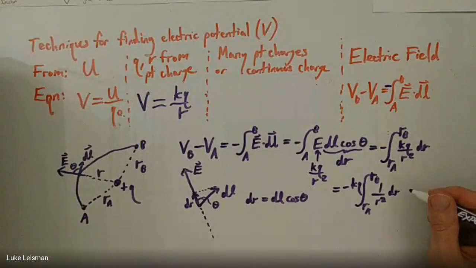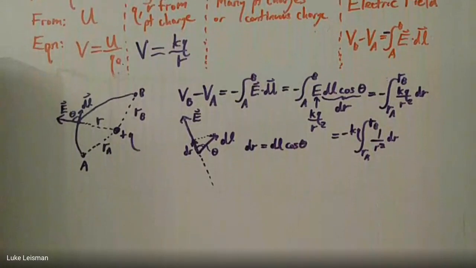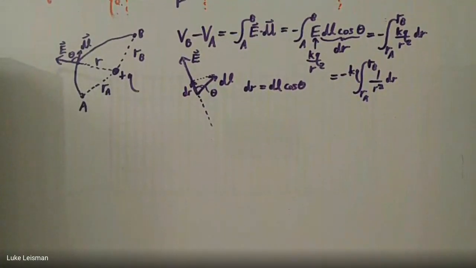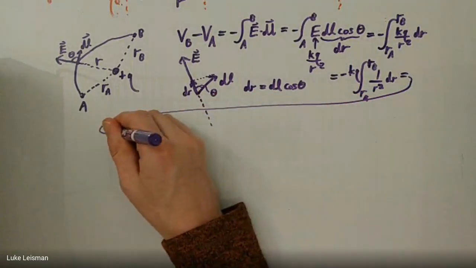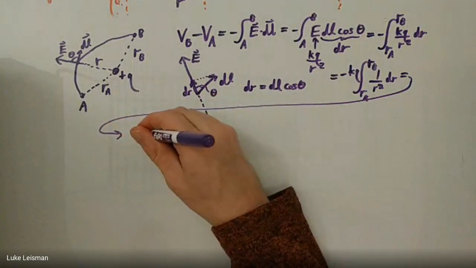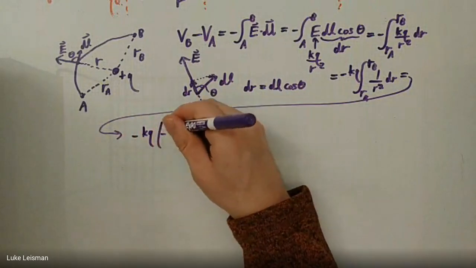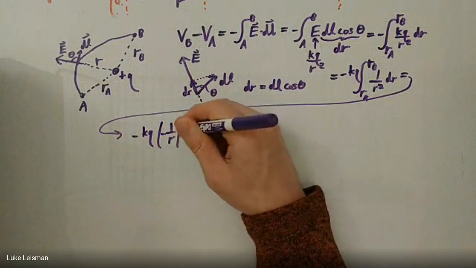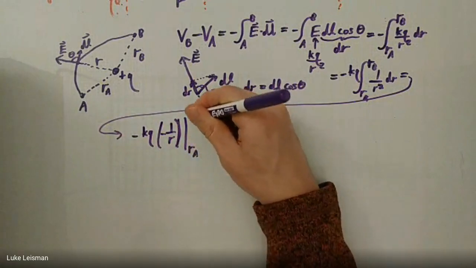So I'll move the board up so we get a little more space to write out what this integral is. So this is just going to be minus KQ times minus 1 over R. And now we have to evaluate that at RA and RB.